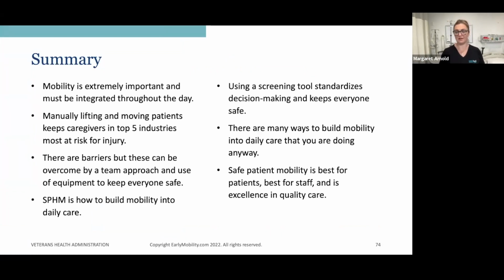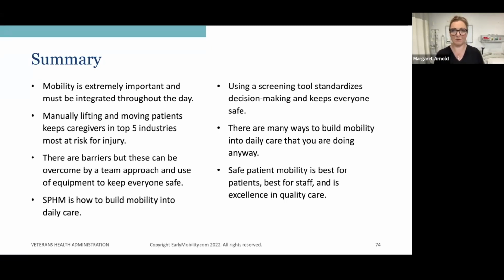So in summary, mobility is extremely important and must be integrated throughout the day. Manually lifting and moving patients keeps caregivers consistently in the top 5 industries most at risk for a musculoskeletal injury. There are barriers, but these can be overcome with a team approach and use of equipment to keep everybody safe.